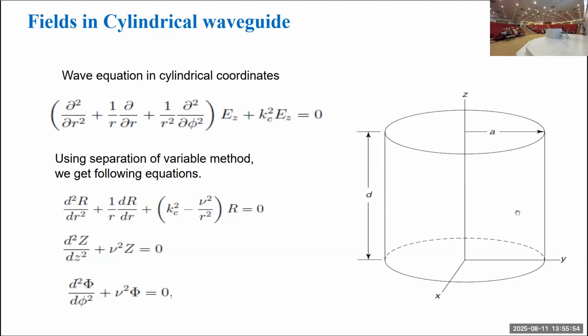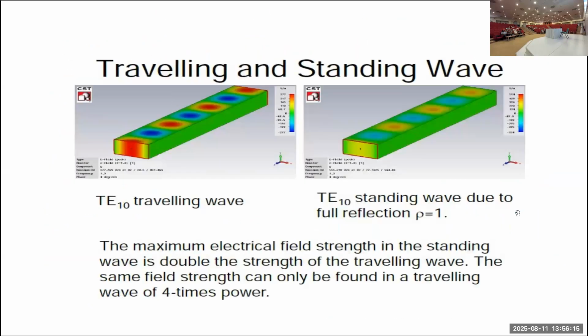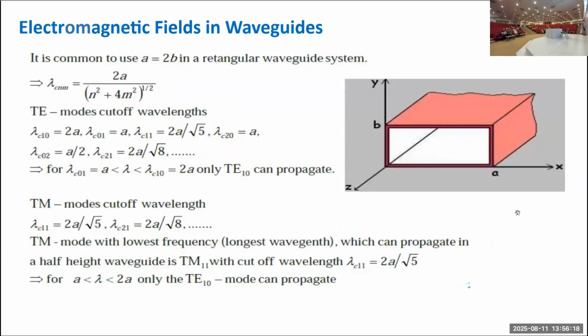When we apply the boundary conditions, given that the radius of this cylinder is a, previously I used two boundary conditions along x and y. Length was unlimited because these waveguides are used to transfer power from the RF source to the end node, where you are injecting this power into the accelerating structure or some other device under test.